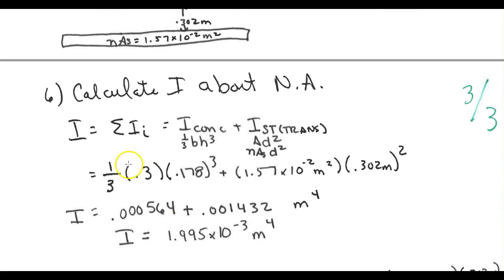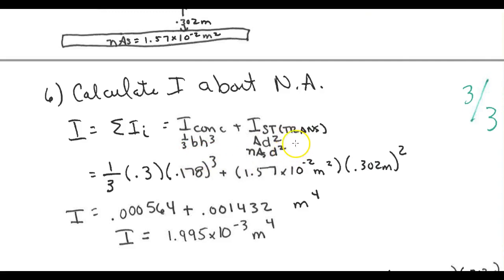All right, the next thing we need to do is to calculate the moment of inertia about the neutral axis. Now, unlike first moments, moments of inertia are always positive unless the area itself is negative, which is not going to happen in this particular case. But we have I of the concrete plus I of the transformed steel. The I of the concrete about the neutral axis, if you look in the back of your book, the I of a rectangle about its base is 1/3 base times height to the third.